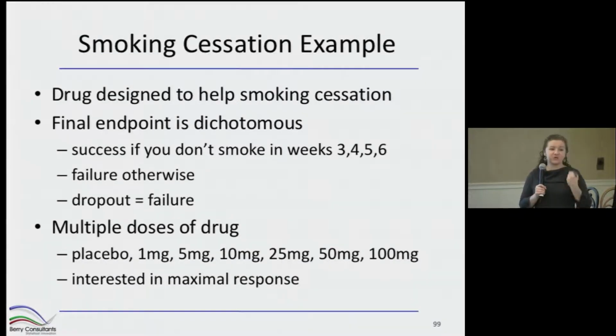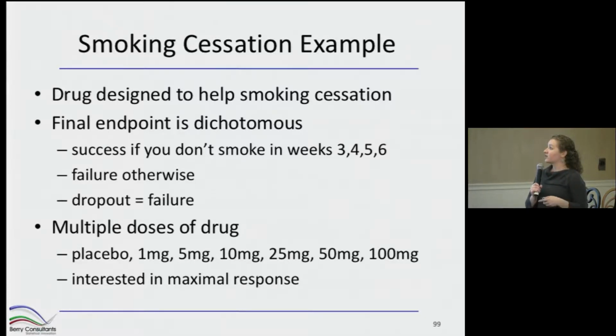I'm going to describe this by walking through an example. This is a trial that was designed for smoking cessation. The final endpoint is looking to see if a patient is still smoking in weeks 3 through 6 of the treatment. In weeks 1 or 2, they may not be fully weaned off of the cigarettes yet, but if they don't smoke in any of weeks 3, 4, 5, and 6, they're considered a success, a failure otherwise.